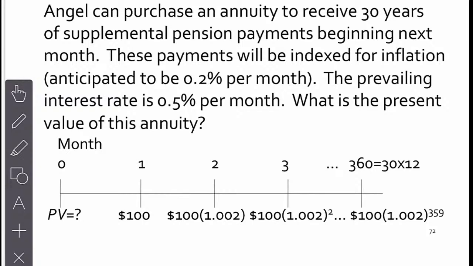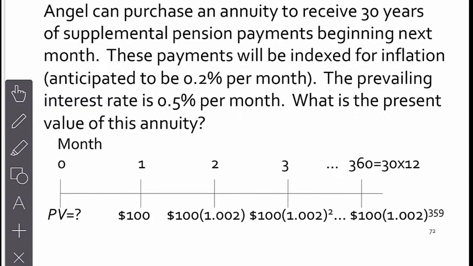These payments will be indexed for inflation, so they'll be adjusted for the fact that prices are going up by 0.2% per month. The prevailing interest rate is 0.5% per month. Okay, so that represents the market rate or the opportunity cost of $1. What is the present value of this annuity?